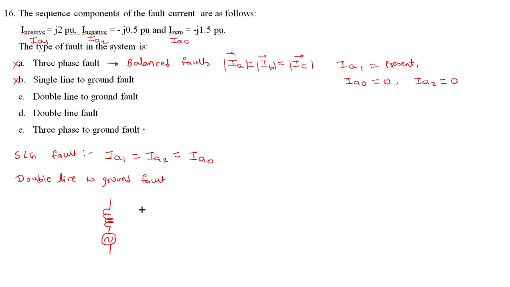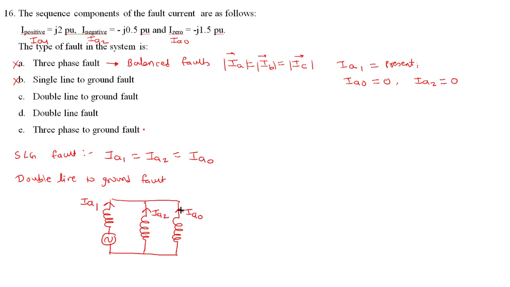So this is the positive sequence, then negative sequence, and zero sequence. All these three networks are connected in parallel. So this current will be IA1, this current is IA2, and this current is IA0.